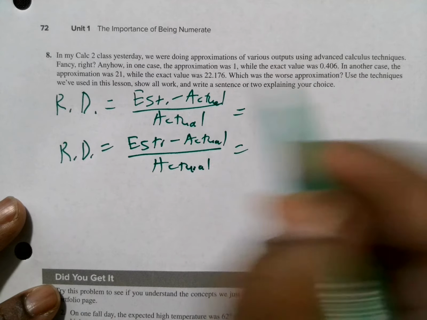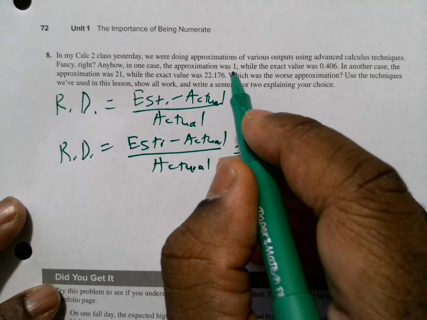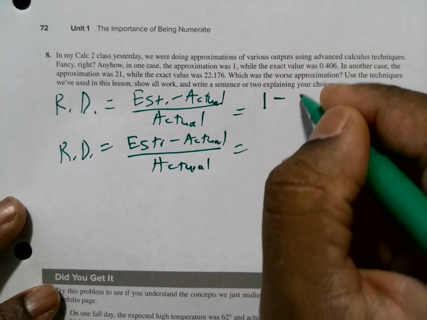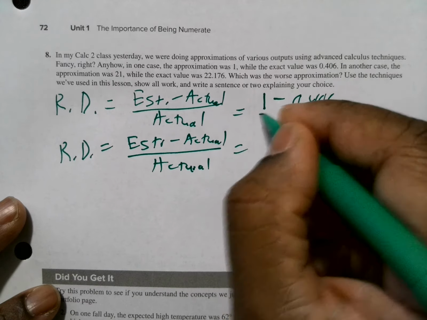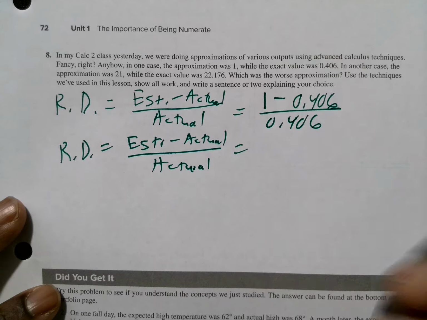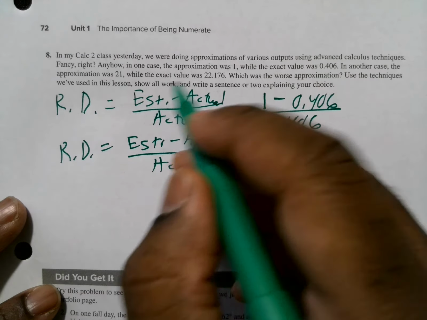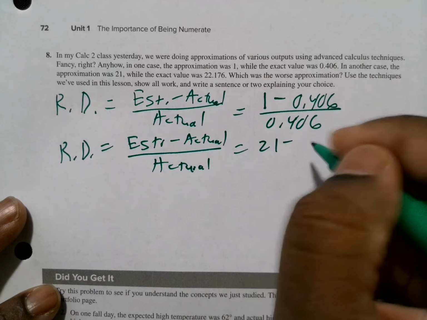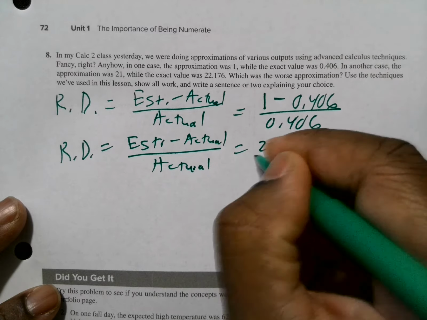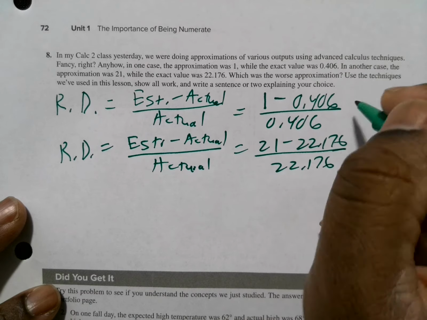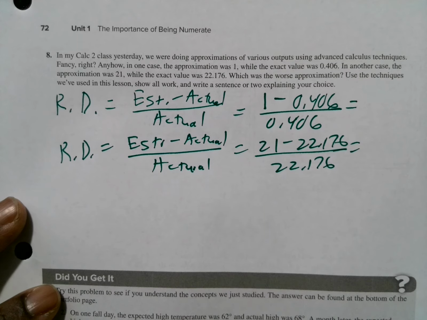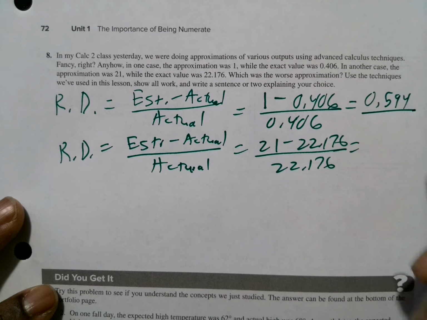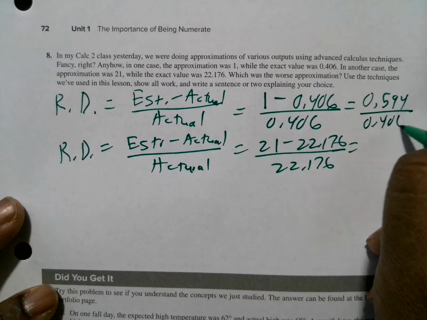Now with the first value, the estimate was 1, or approximation, which is an estimate, minus the exact value, which was the actual, divided by the actual. And then the second value here, the approximation or estimate was 21. The exact was 22.176 over 22.176. Now, when we subtract here, it'll give us 0.594 all over 0.406.